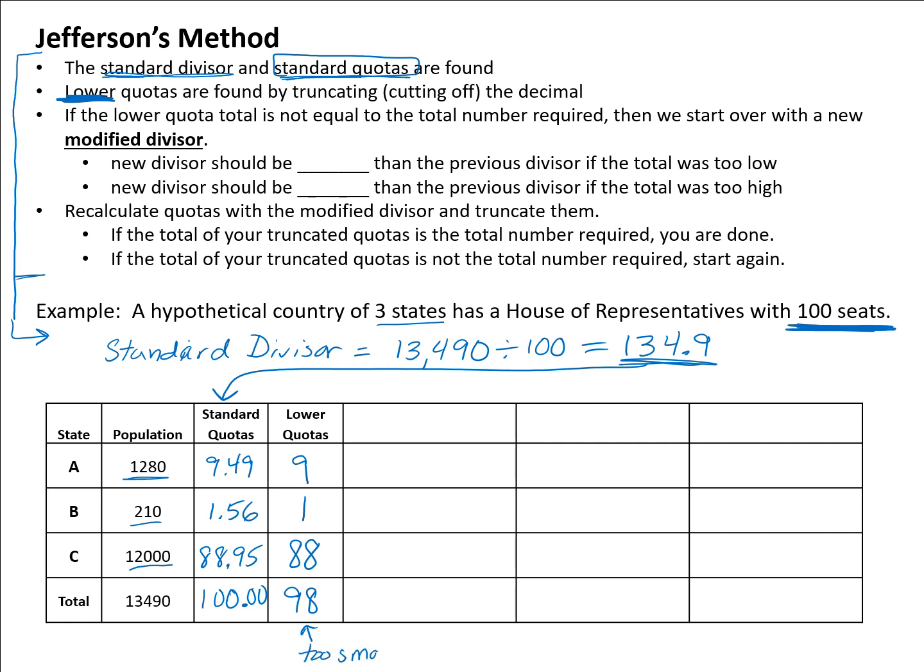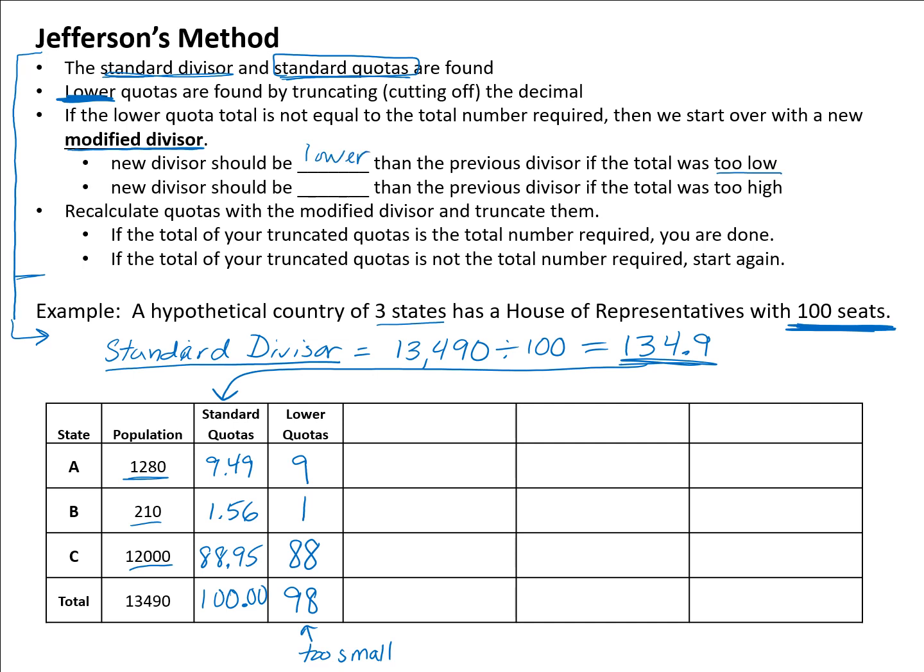If we don't get all 100 seats, what we do is we create what's called a modified divisor. Okay, a modified divisor. We're going to leave off the standard divisor and start dividing by something else. So how we're going to choose this modified divisor, this new divisor, is the modified divisor should be lower than the previous divisor if the total is too low.